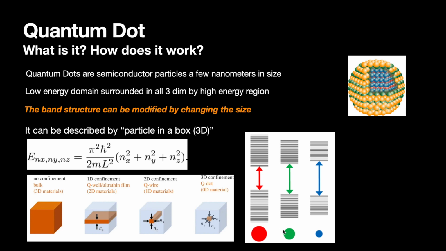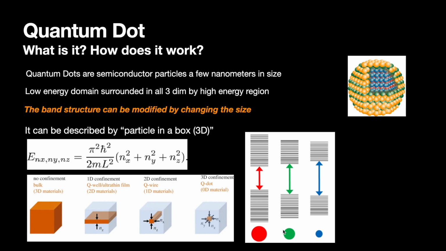if we have a large quantum dot, then the energy level gap is relatively small, so that an electron dropping from high energy level to low energy level will generate small energy, corresponding to long wavelength. That will give us red color.